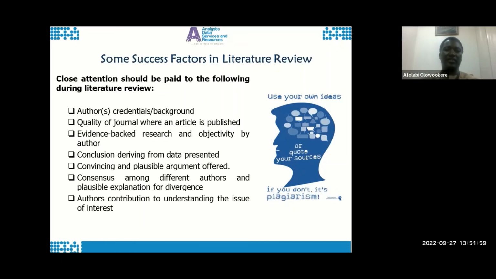And please, in whatever you do, try not to plagiarize. It's a very big problem. I'm sure this session is not on plagiarism. Maybe if you have time, one day we'll speak about citation and plagiarism. Use your own ideas. If it's not your own idea, quote your sources. Otherwise, you are plagiarizing. Many people plagiarize.